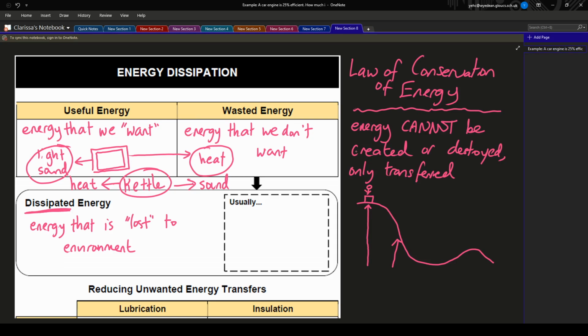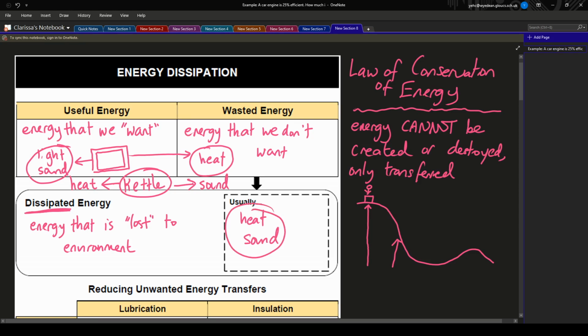Usually, the way that energy can be lost is typically through heat and sound. Typically. That doesn't mean that heat and sound are always wasted, but the way that energy becomes lost to the environment is usually through heat and sound, such as in this roller coaster example.